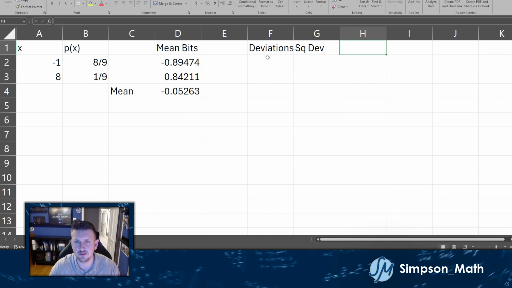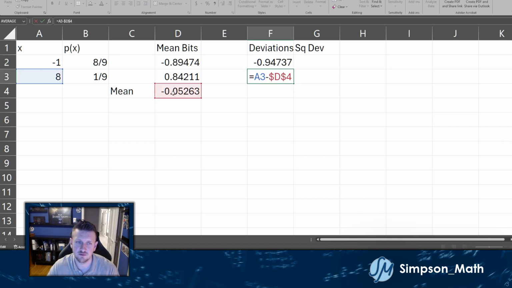We'll then find the sum of those. So our deviation, we're going to find equals this x, this -1, minus my mean. I'm going to put an absolute reference around that mean. You can press F4 or Fn F4 or add the dollar signs manually, so that when I fill down, it is always referencing my mean right here.